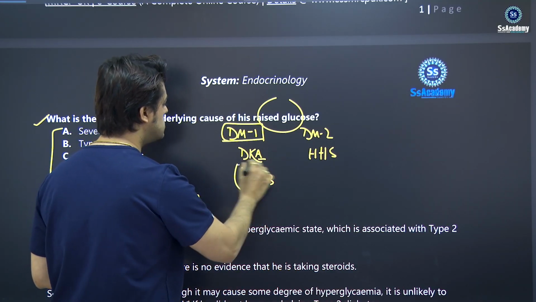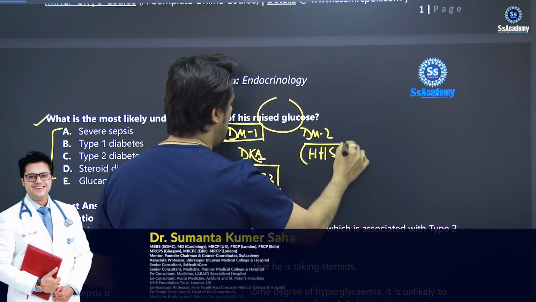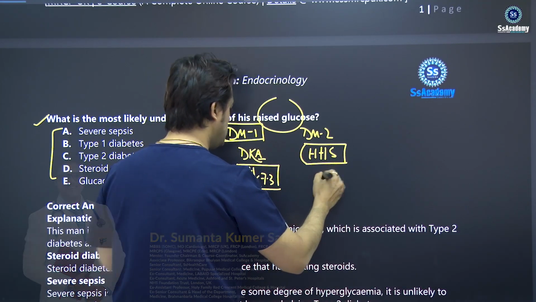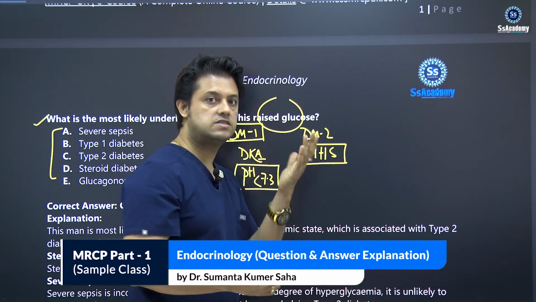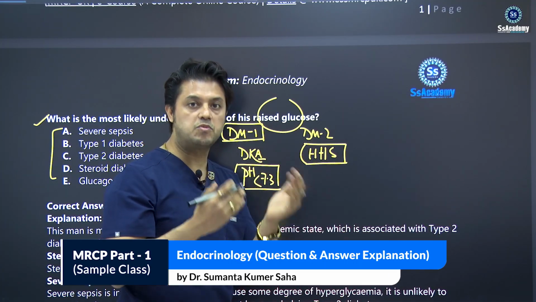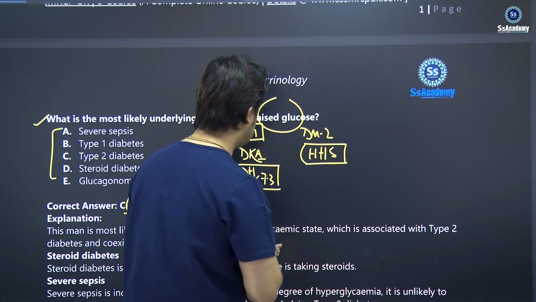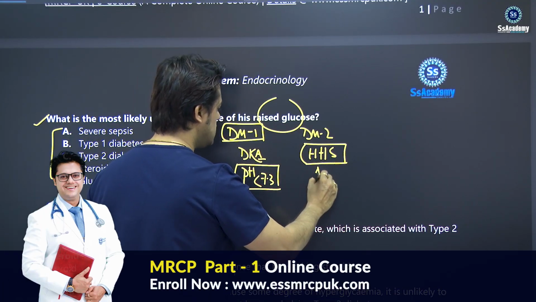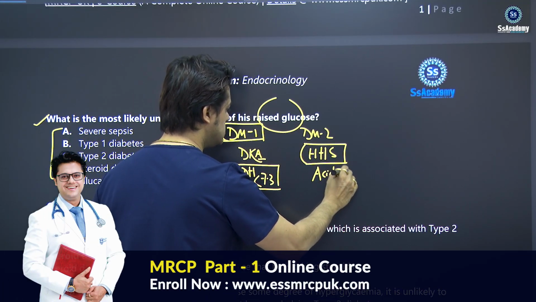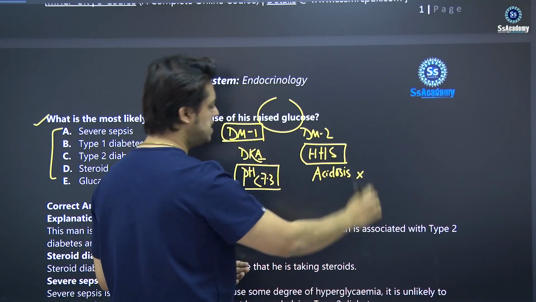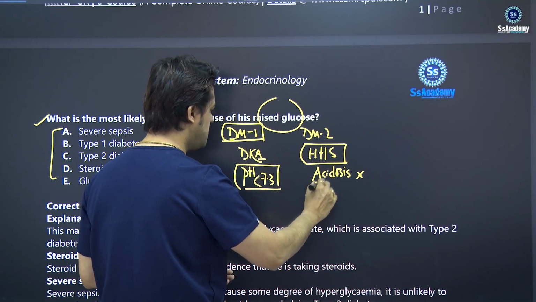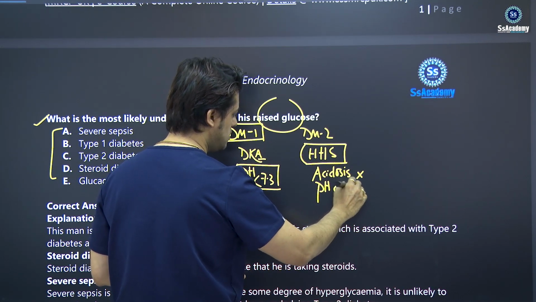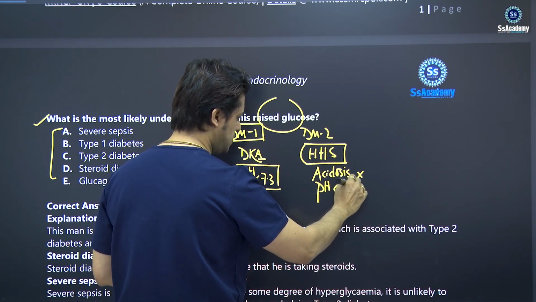In contrast, in the hyperglycemic, hyperosmolar state, which is very important, the pH can be lower, but it should be more than 7.30. So acidosis usually does not happen. But if acidosis is there, the pH should be less than 7.35, but it should be more than or equal to 7.30.